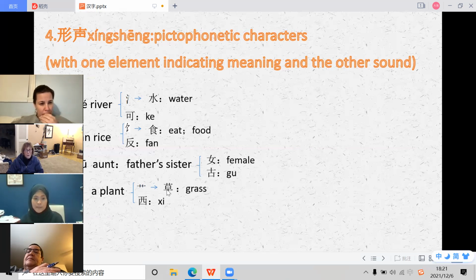It indicates grass or plants, and this one means the sound, and they combine into this character. So this is the pictophonetic character. They are combined from two elements.